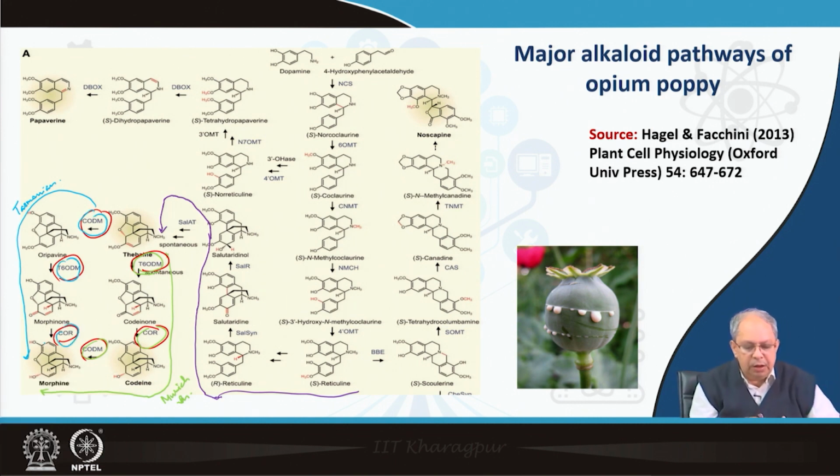So that means the late steps of morphine biosynthesis have been characterized, and all the enzymes and genes are in the hands of the scientists. With this they can manipulate the pathway, and that leads to changes in the alkaloid profile, which comes under metabolic engineering, and we will discuss that in the next class.